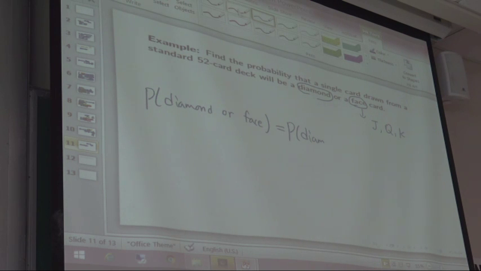Instead of keep writing diamond and face, let's use letters. Let A be the whole set for the diamond, and B the whole set for the face.